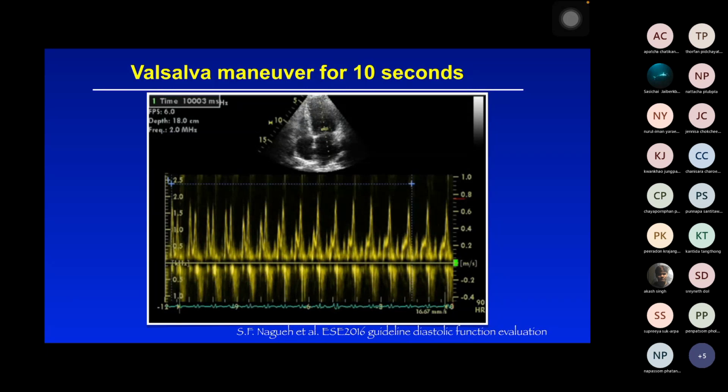When you ask the patient to perform the Valsalva maneuver, if the E wave velocity is significantly decreased over 50%, this patient may have grade 3 diastolic dysfunction, because it's a reversible process after you decrease the volume across the mitral valve.